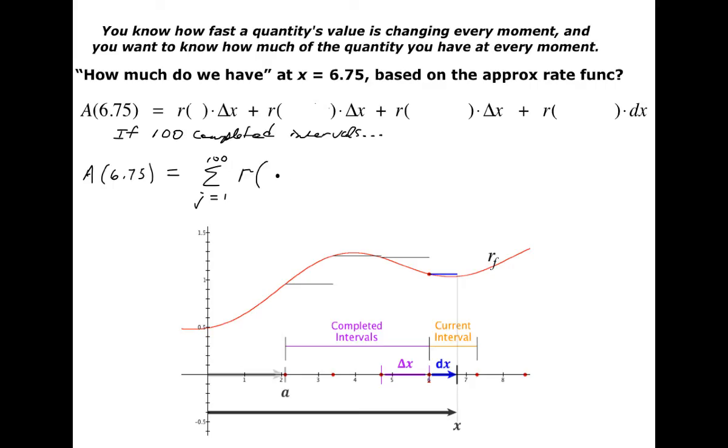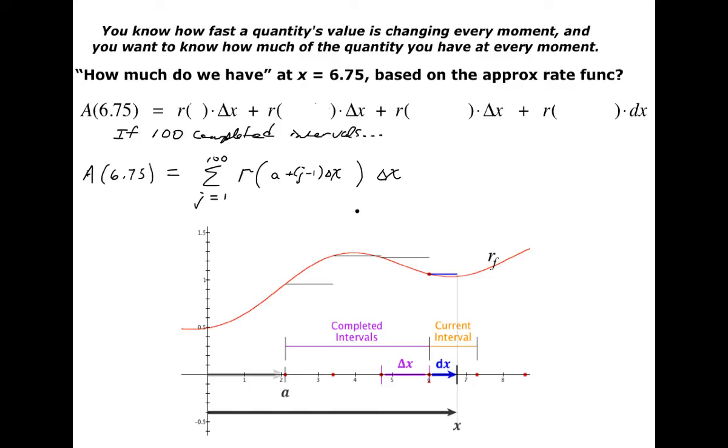Okay, what was it again? A plus parentheses j minus 1 parentheses dx. Dx or delta x? Oh, delta x. Okay. Parentheses to end the right thing times delta x. Plus. So that's the sum part.